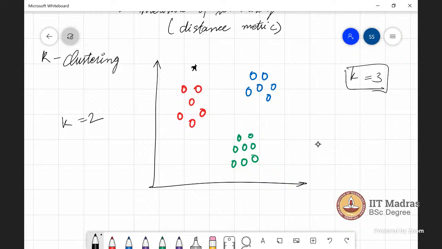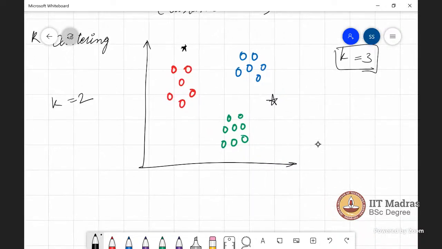So we assume the clusters that we are looking for have some centroids, that is some centers, and all the points from that center are very close to each other, and the data points which belong to some different cluster must be far away. So we choose some random points as centroids. Our expectation is that the points which are very close to a particular centroid should belong to that cluster.